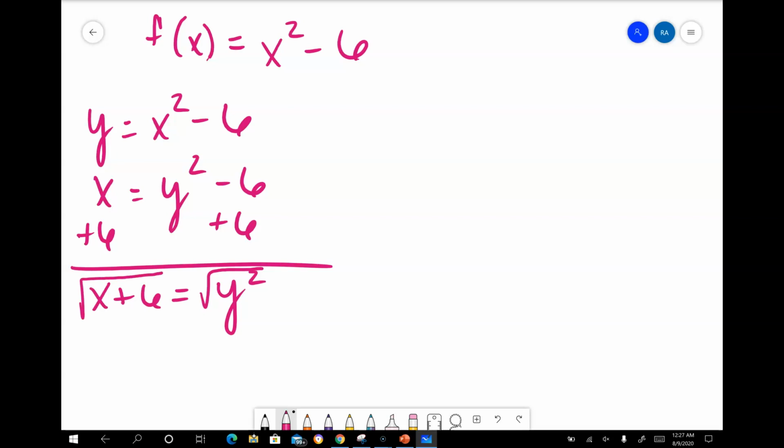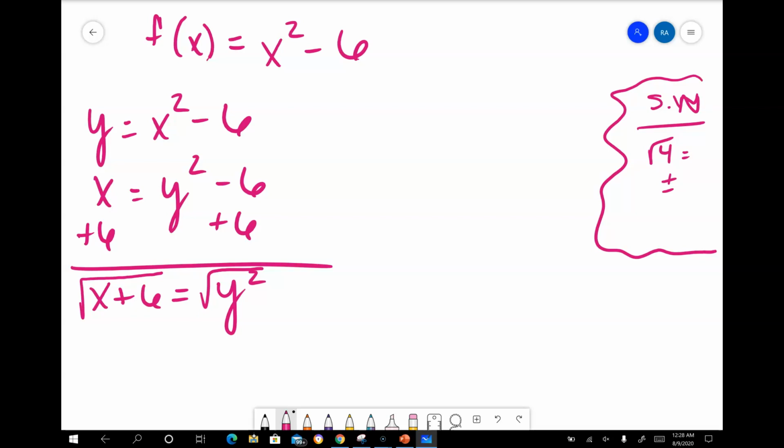Now, when you take the square root, you must have a positive and negative, okay? And that is the most missed thing in this problem right here. Anytime you take the square root, a little side note, the square root of 4 is equal to plus or minus 2, because 2 squared is 4 and negative 2 squared is also 4.